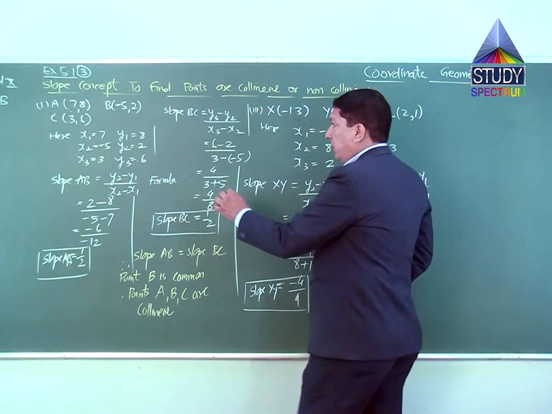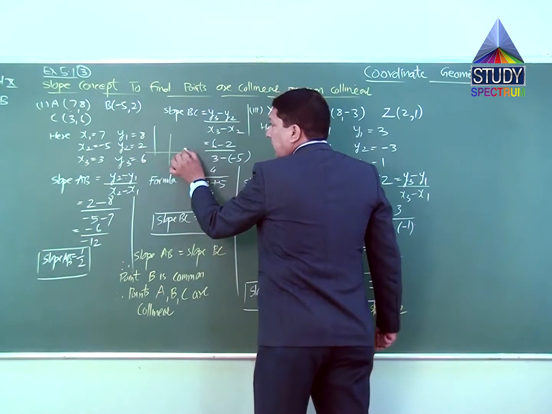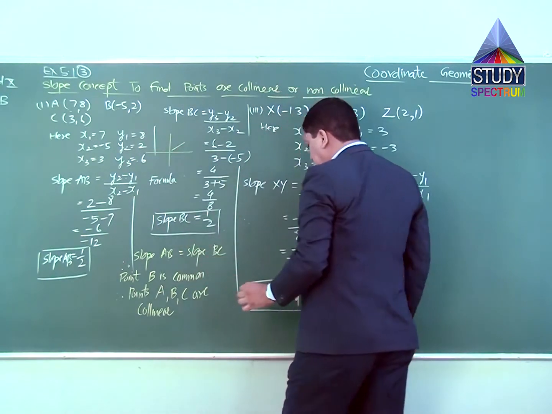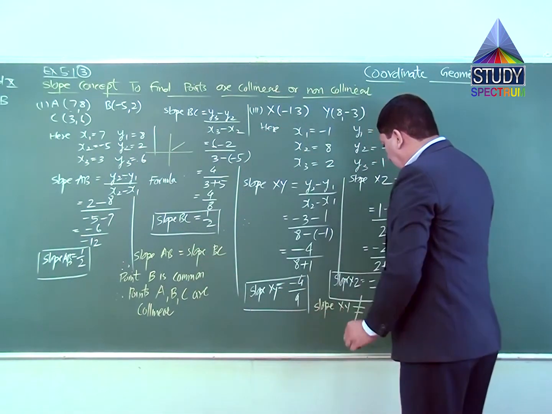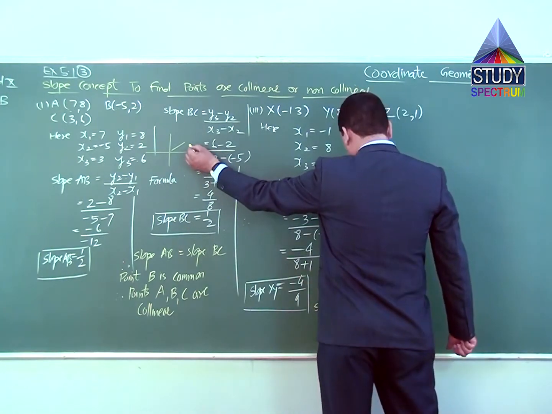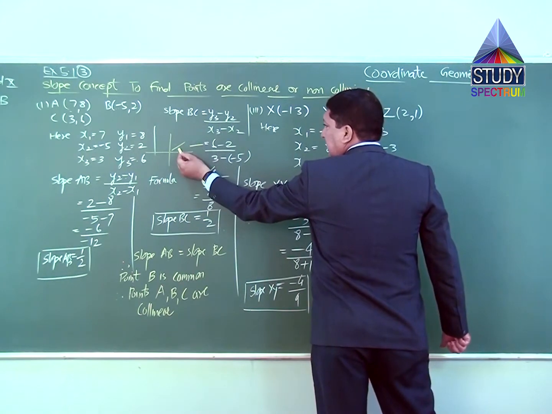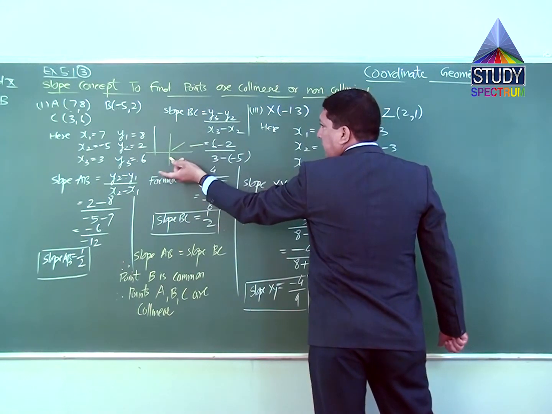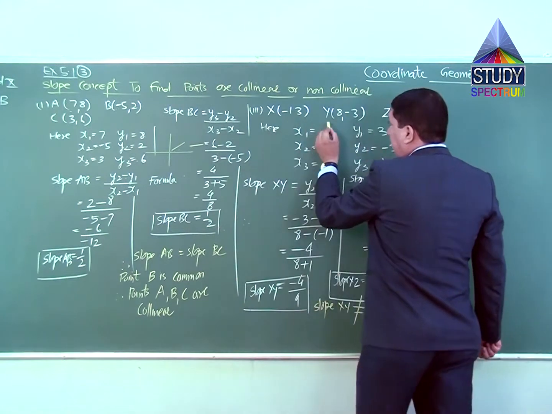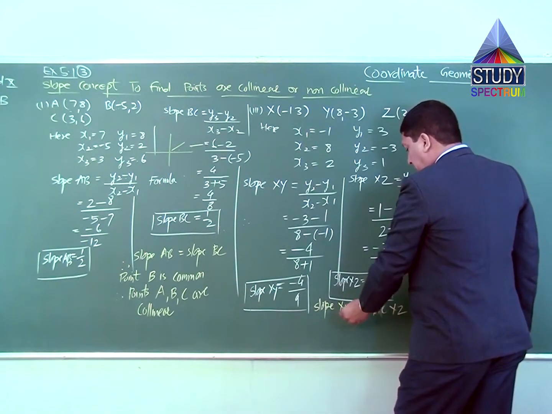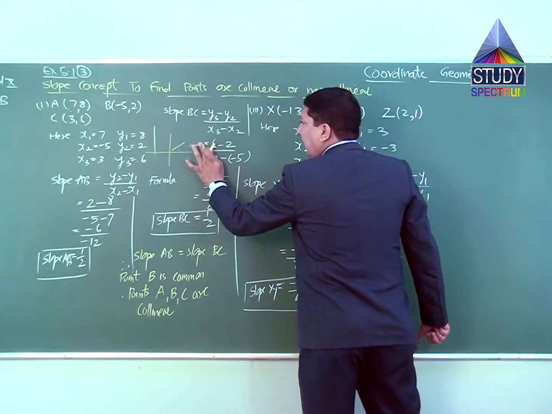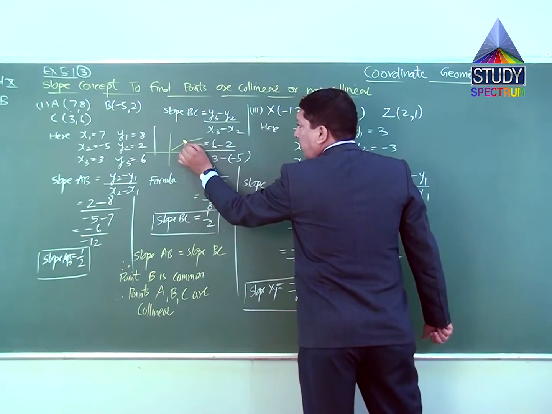This means that on a graph paper, this is one line having slope minus 4 upon 9 and the other line has slope minus 2 upon 3. Now these two lines are different lines. There is no point common, though point X is common to both lines.